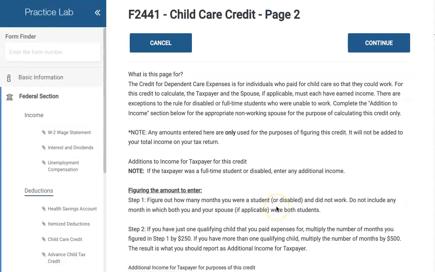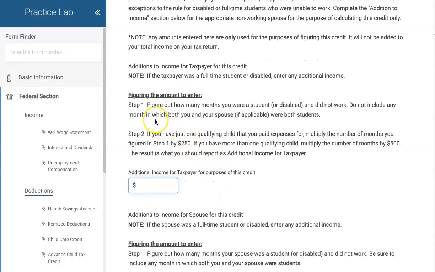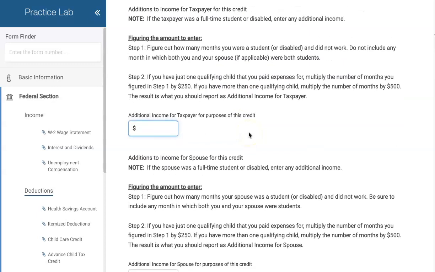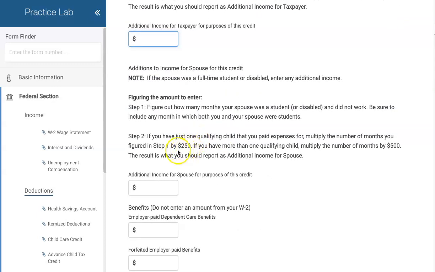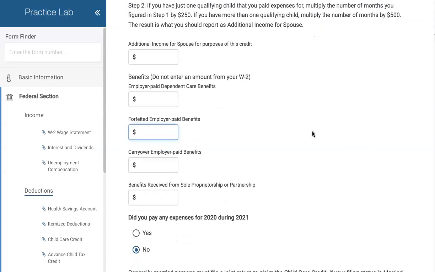This page has pretty much information we don't care about. This box is for if the taxpayer was a full-time student or disabled, not the case here. The second one is if the spouse was a student or disabled, which is also not the case here.